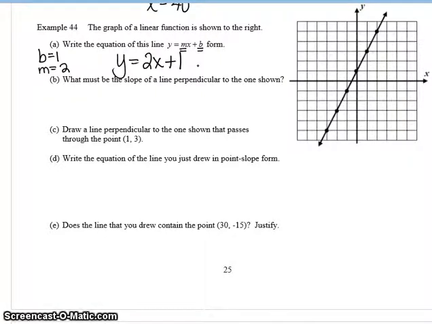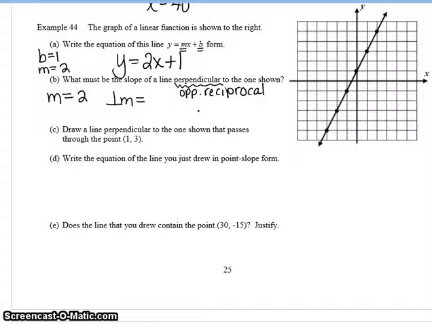What must be the slope of a line perpendicular to the one shown? All right, you have to memorize that perpendicular means they have opposite reciprocal slopes. Okay, what does that mean in easy terms? If you have a slope of 2, the opposite reciprocal for perpendicular means to change the sign and flip it.